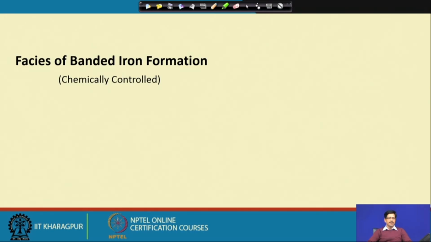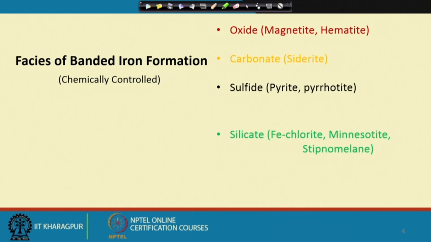There has been a looking at the way these iron formations occur in different parts. It is observed that from the constitution point of view, they occur in different compositional variations, which we call facies of the banded iron formation. Generally they are chemically controlled, because we are essentially dealing with a sedimentary process which is chemogenic in nature.